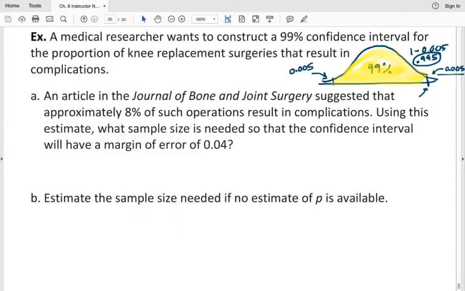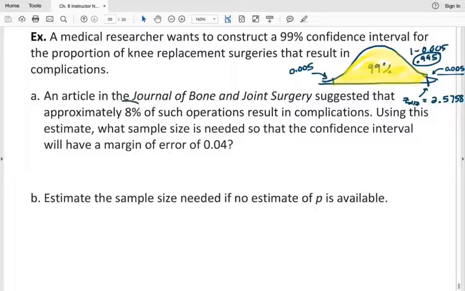Okay, so that work was just to determine here that z sub alpha over 2 is equal to 2.5758. Leave a few extra decimal places to make sure I get an accurate estimate. And so now I'll just use those formulas.